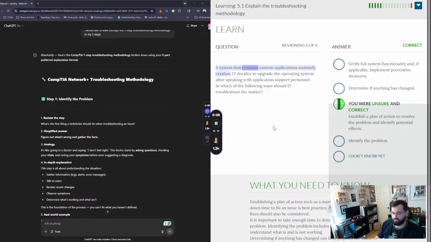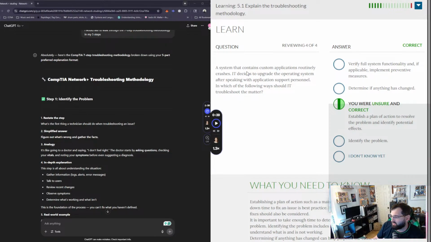Let's go. A system that contains custom applications routinely crashes. IT decides to upgrade the operating system after speaking with application support personnel. In which of the following ways should IT troubleshoot the matter? Establish a plan of action to resolve the problem and identify potential effects. Because nothing else makes sense. Determine if anything was changed. That doesn't necessarily apply.